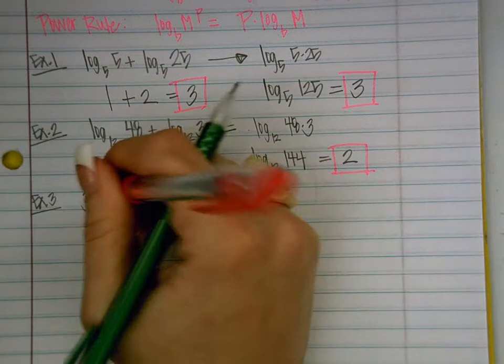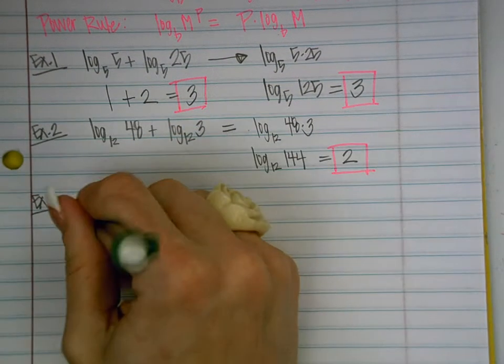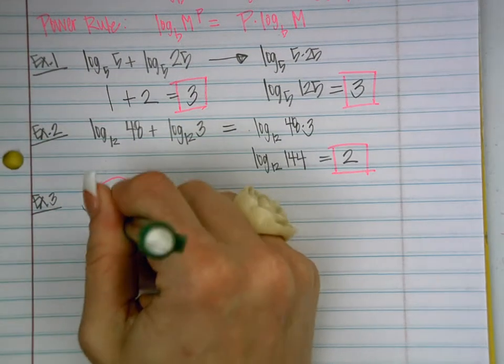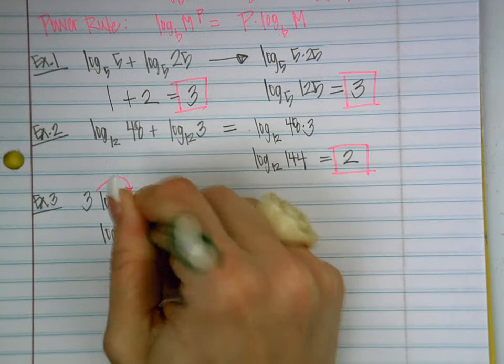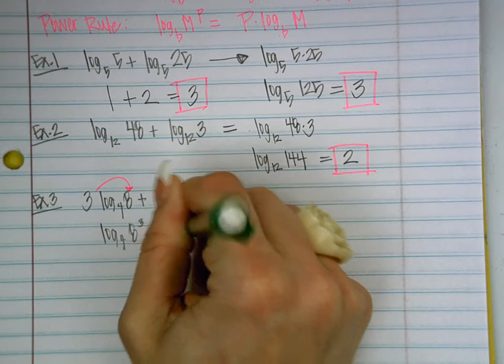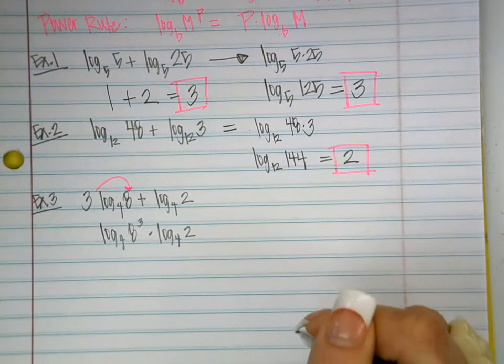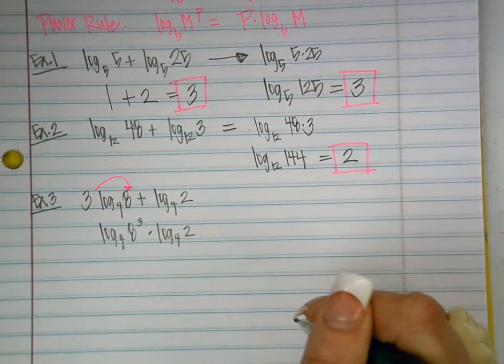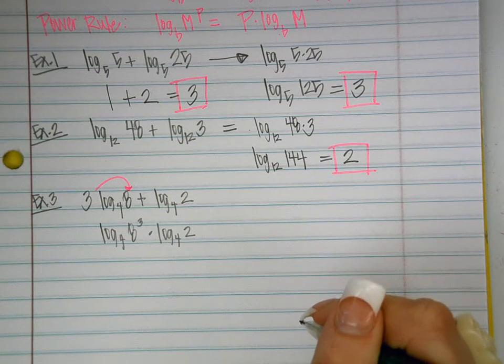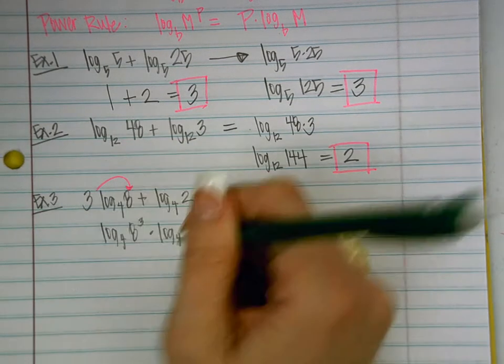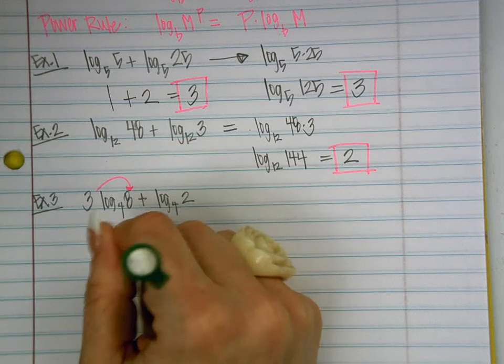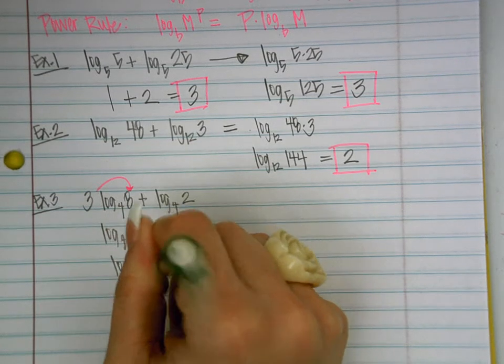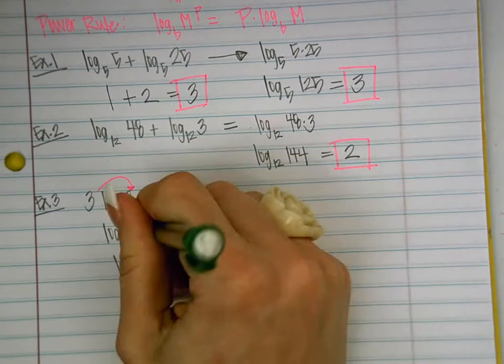Move the exponent, so make this an exponent. So this becomes log base 4 of 8 cubed times log base 4 of 2. What is 8 to the third power? Anyone know? 512. Okay, so log base 4 of 512. Now, can we also condense this at the same time?